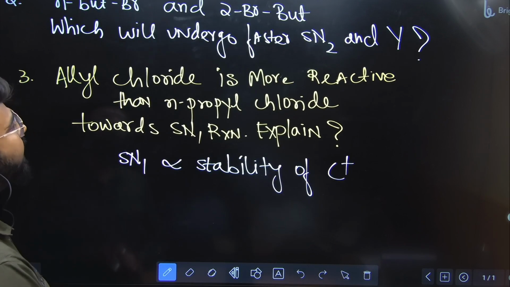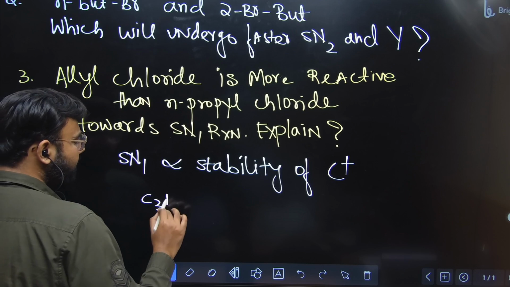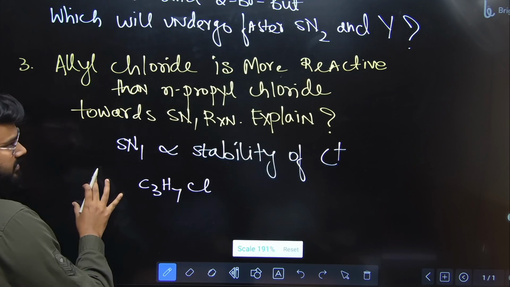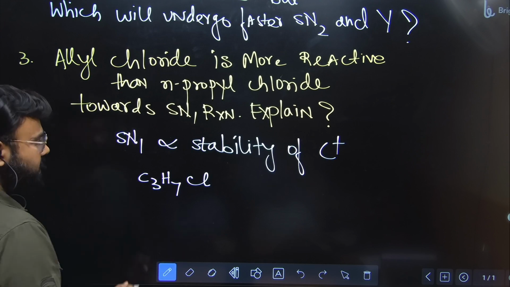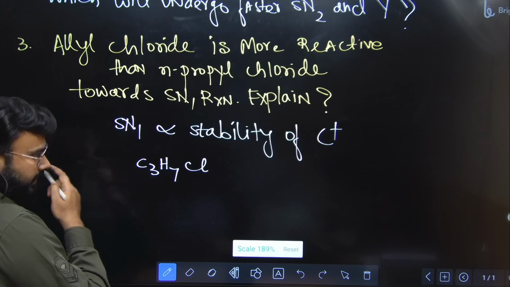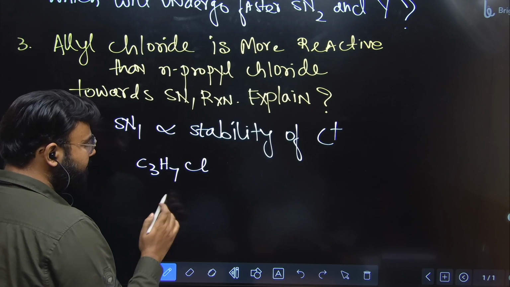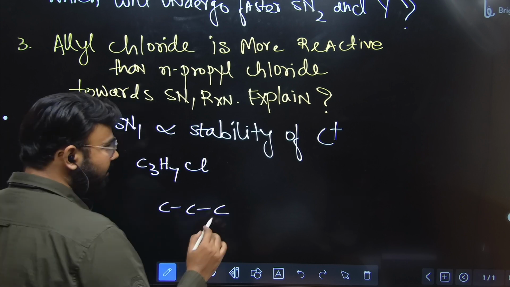Now, if we see allyl chloride and n-propyl chloride, what do you mean by propyl? C3H7Cl. Can you all construct the structure for this? So all of you see here. You draw the three carbons and where should I put the Cl?